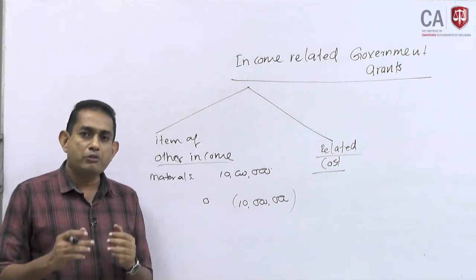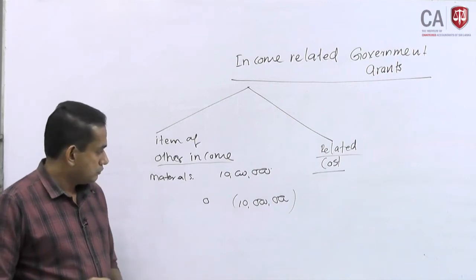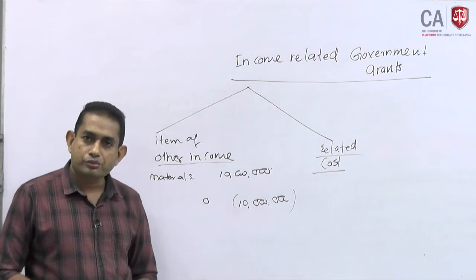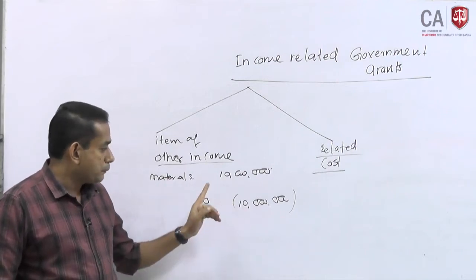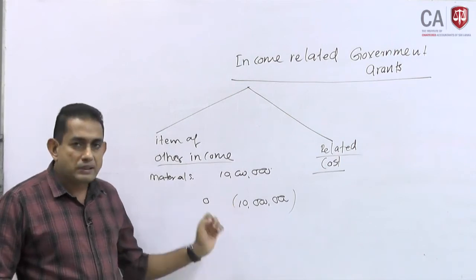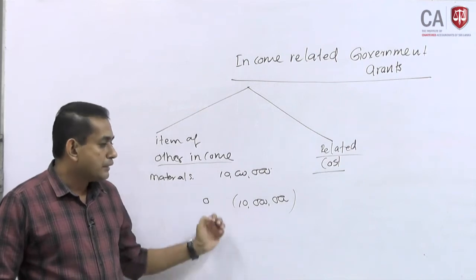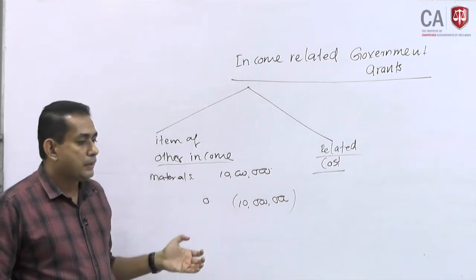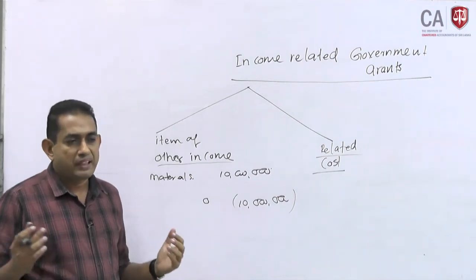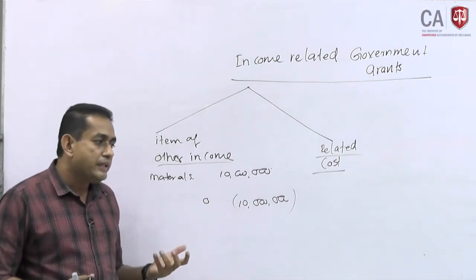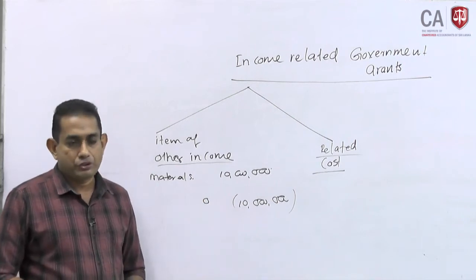We keep some information hidden as a result of netting off. But if you show the material cost as a separate item, and show the subsidy of the government as a separate item of other income, everything is transparent and detailed enough, and that will enable anyone to make any calculations and decisions, because everything has been disclosed and divulged.